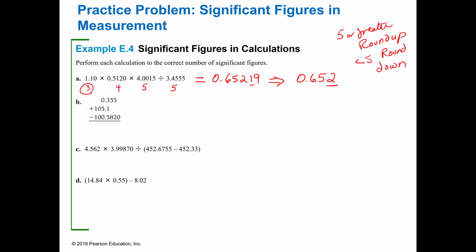Okay, and then the next one, 0.355. Now this is adding and subtracting, so we're going to use decimal places for this one. So that's got 3, that's got 1, that's got 4.